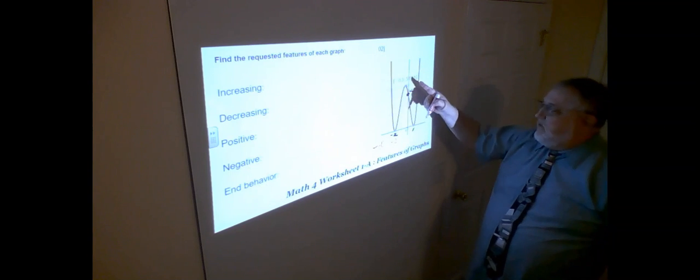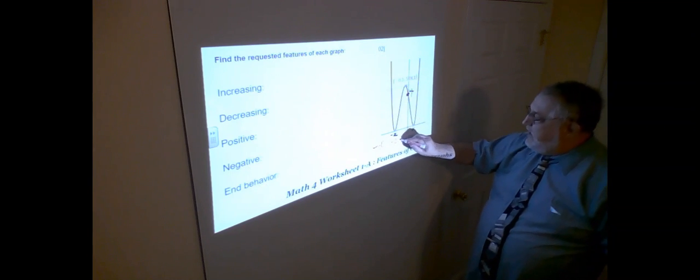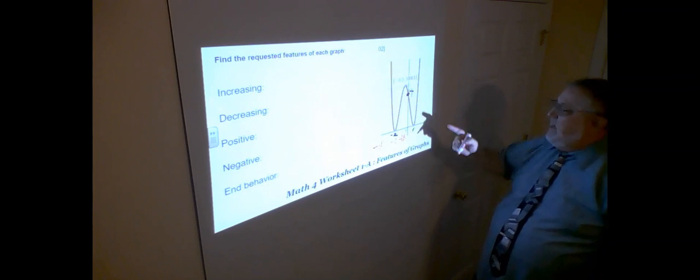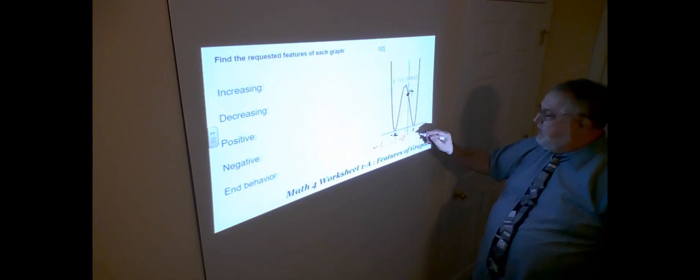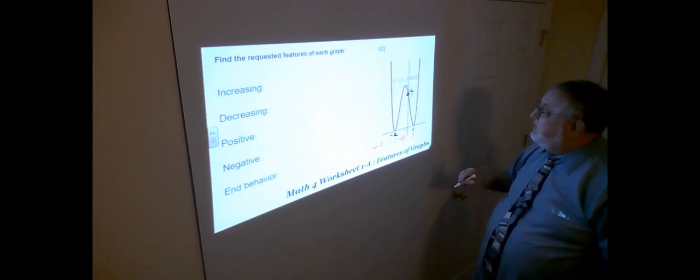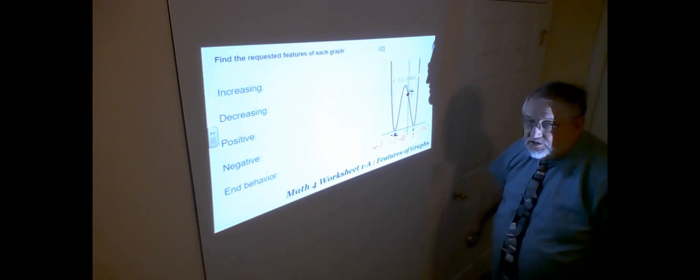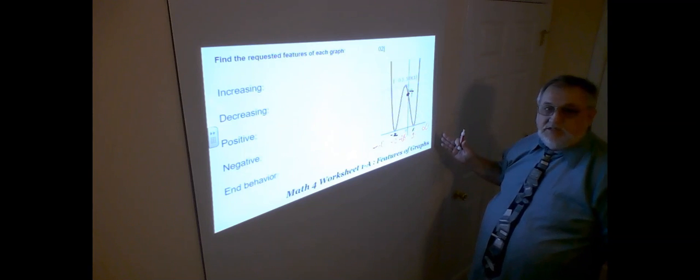And then it starts increasing again up until -0.5. And then it starts decreasing again until we get to +1. And then from there it goes on to infinity. So those are the stopping points.